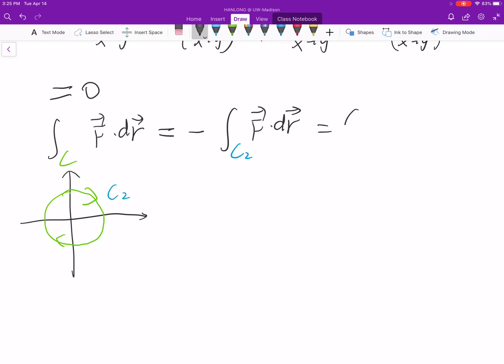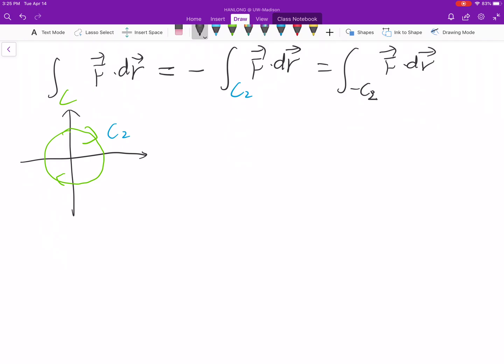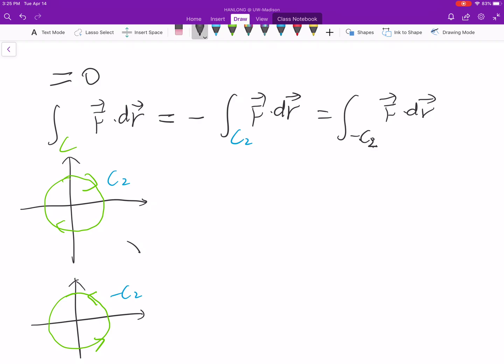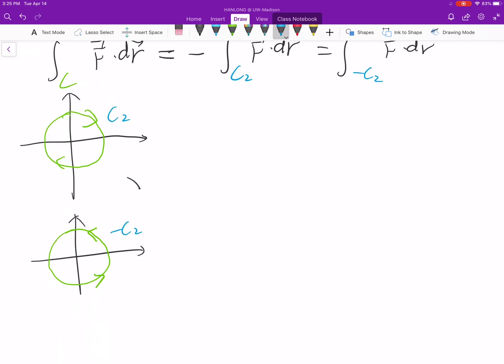Before we said this is equal to negative C2. So what is the negative C2? I drew it on another graph. The trace is the same, but you just invert the orientation. So negative C2.